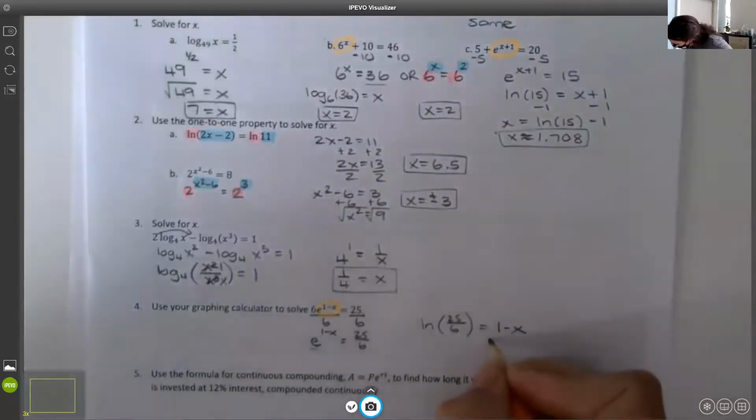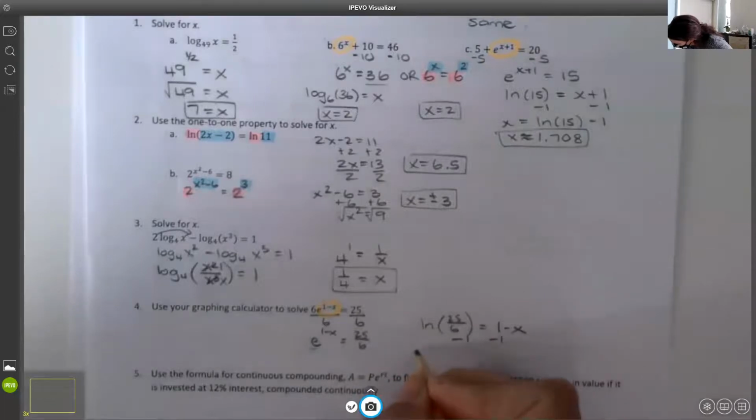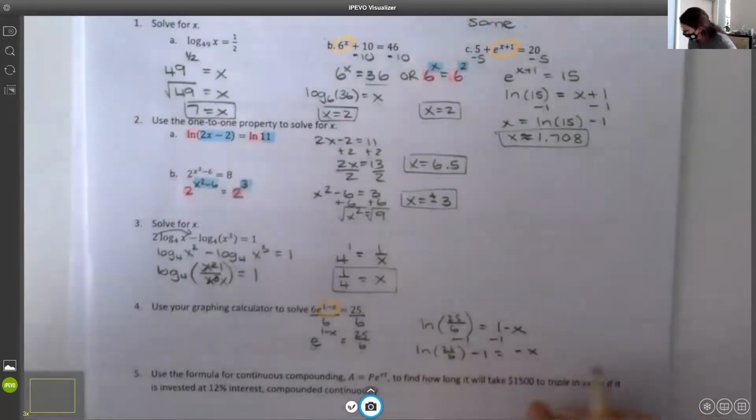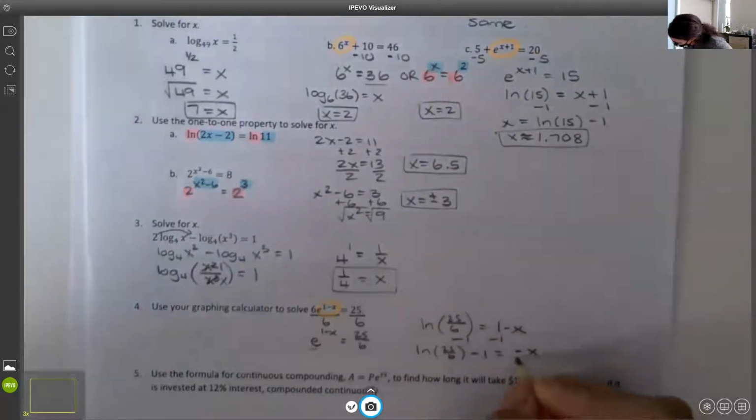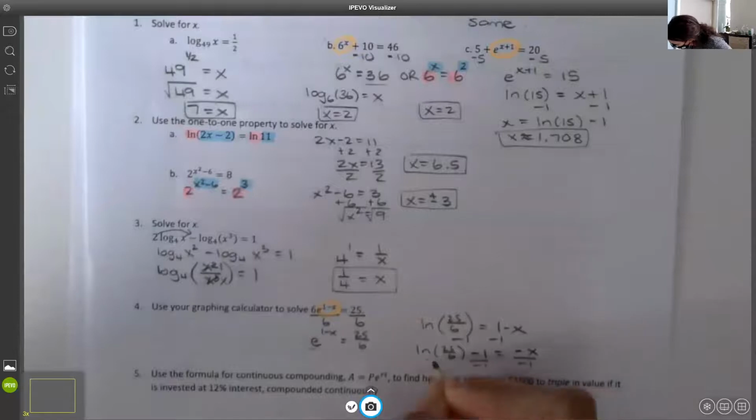And now to solve that, I'm going to subtract 1 from both sides. And then I have a negative x here, so I'm going to have to divide everything by negative 1.